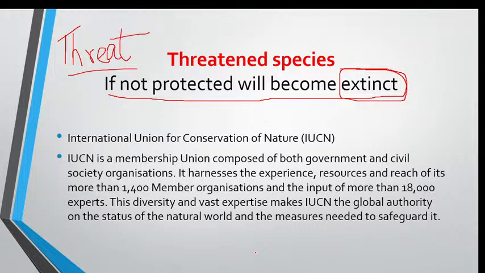Many organizations work together with IUCN for the conservation of nature and natural resources, to protect and safeguard them. That is what is known as IUCN, the International Union for Conservation of Nature and Natural Resources. So IUCN has made different categories of threatened species.